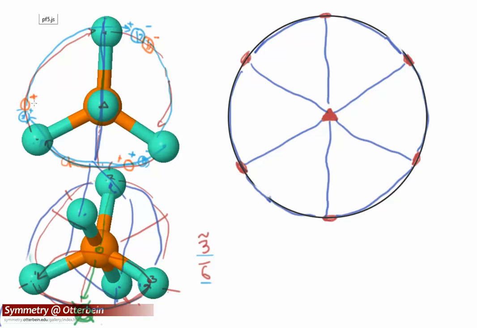I have not reflected. I do this again, pi over 3 radians. That brings me here, and I invert through, and so now I'm below the plane with a comma. I do it again. I invert through. I'm above the plane, no comma. And one more time, I come down below the plane and a comma. And so you can see that these orange general points are exactly identical to the aqua blue inversion points.